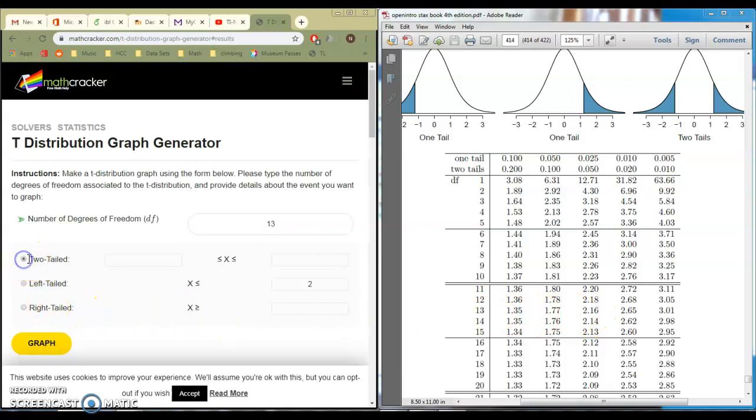So let's go ahead and do this. X wants to be between negative 2.16 and positive 2.16. The 2.16, once again, is this critical number here. So let's graph this, see what it looks like.